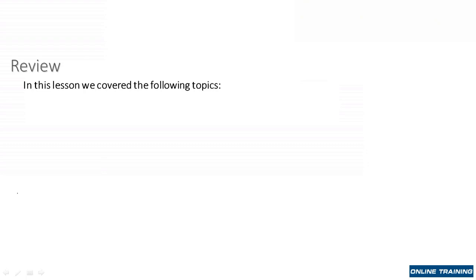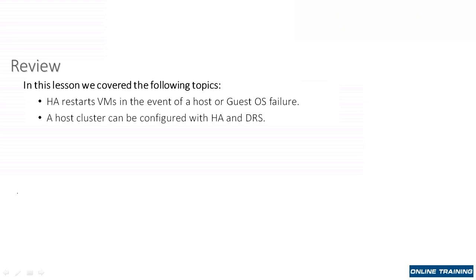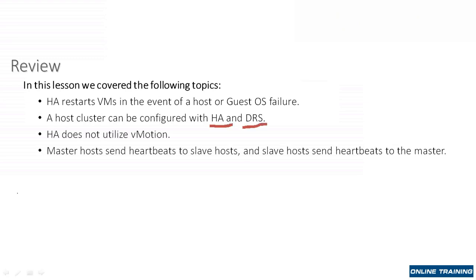From the perspective of the VMware Certified Associate exam, what you need to know is that high availability provides a reliability mechanism. If a host fails, those VMs are going to restart on other ESXi hosts, but there's going to be some downtime associated with that. The ideal way to configure this is to enable both high availability and DRS on your cluster.